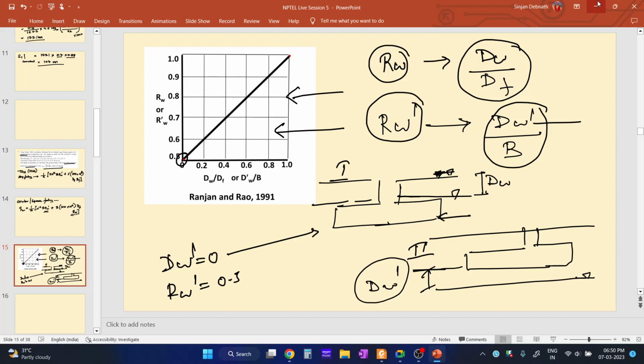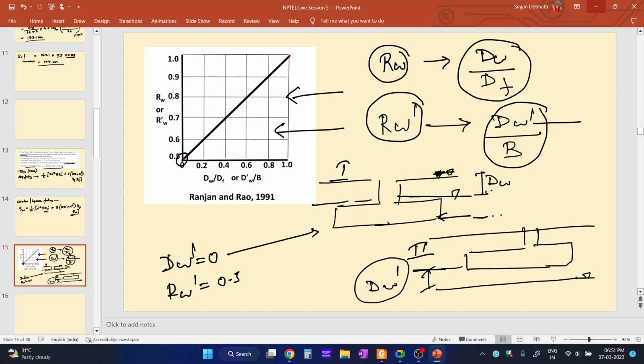And suppose the water table lies at the base of the footing, that means dw is equal to df, right?